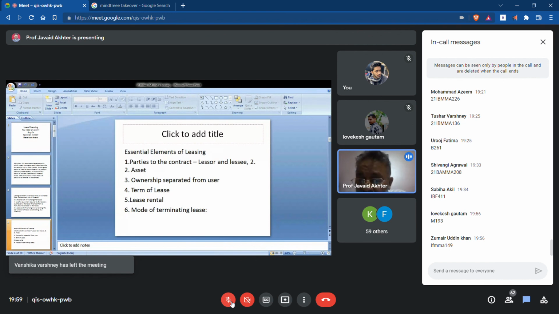He is paying lease rental, and lease rental will be considered as an expense. When you consider something as an expense, what happens? You charge it in the profit and loss account, and your profitability accordingly reduces, and your tax liability also reduces. Is the issue clear? Yes, sir.